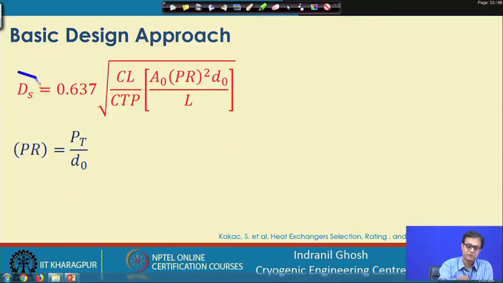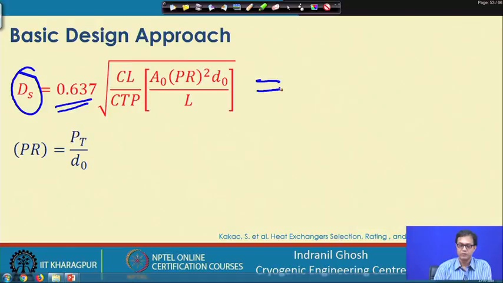If we put all these values, we will find that this constant 0.637 comes, and we can find this out because CL is known, CTP is known, A0 we have already estimated to be 20.05, the pitch ratio is known, D0 is known, L is known. So the diameter of the shell can be estimated.